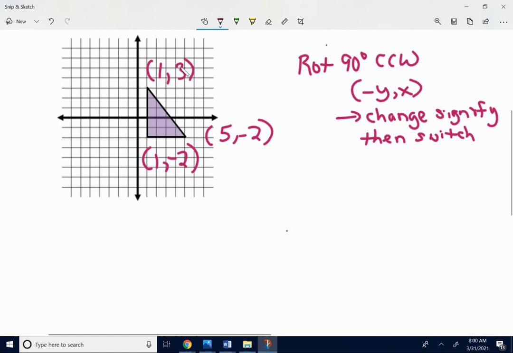To rotate this 90 degrees counterclockwise, think about the coordinates of these 3 points. My rule tells me it's opposite of y, x. That just means take the original y coordinate, change its sign, and then switch them.